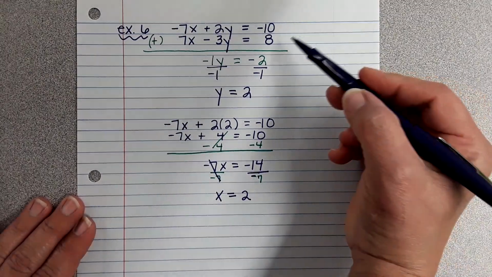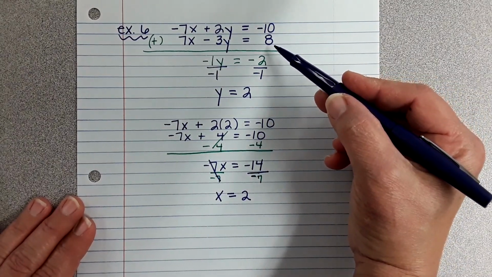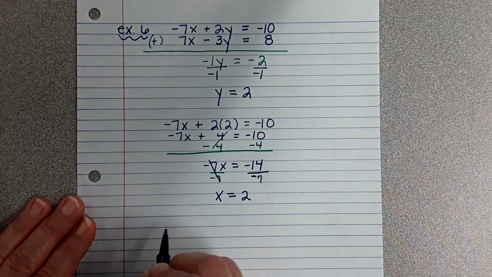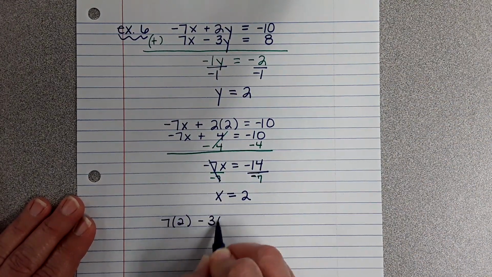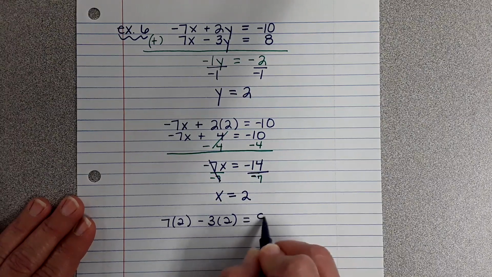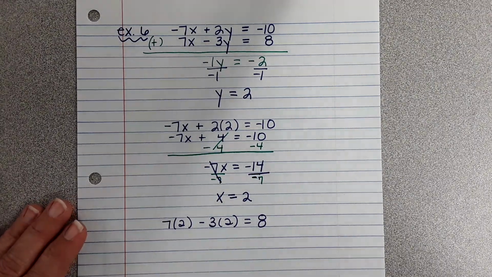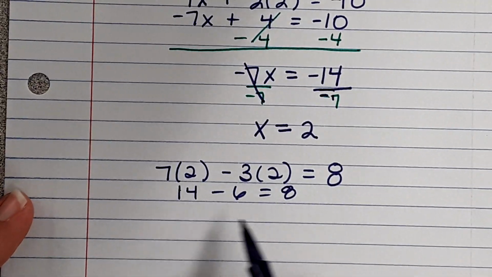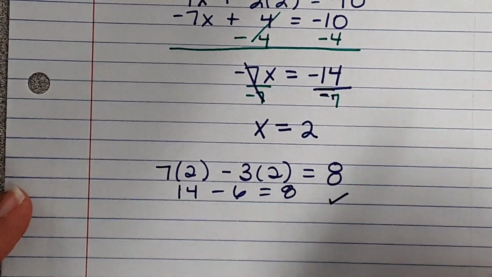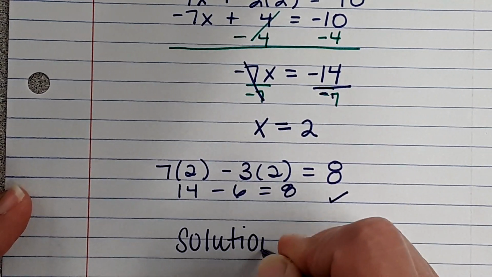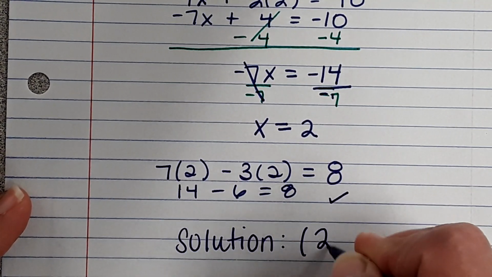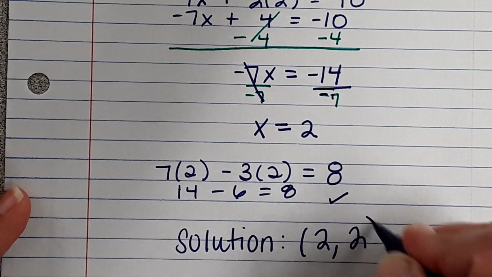Yes, we should plug it in, and we should plug it into the bottom equation because we've already used the top equation. We want to see if that's correct. So 14 minus 6 equals 8. So our solution is, how do we write our solution, you guys? 2, 2. Okay.